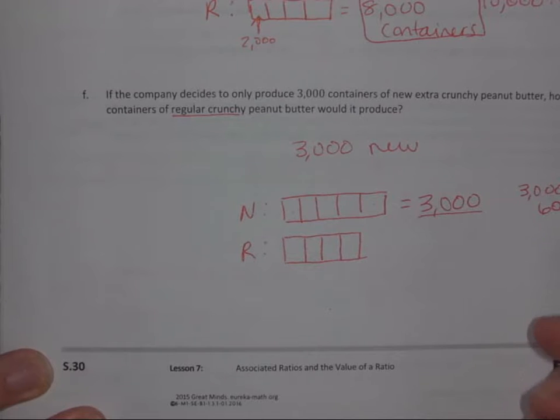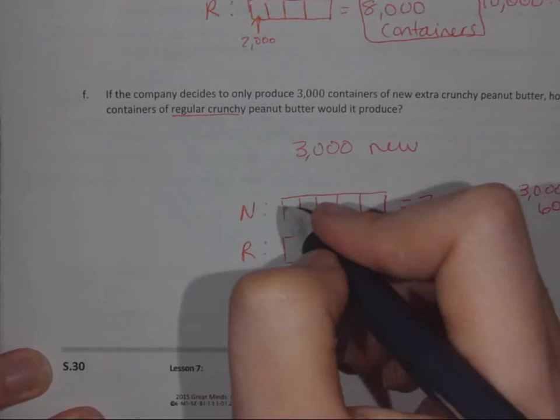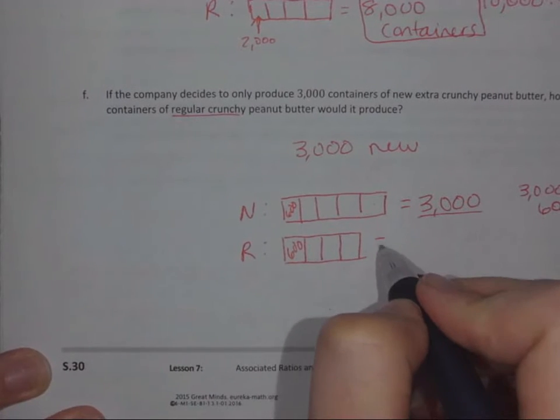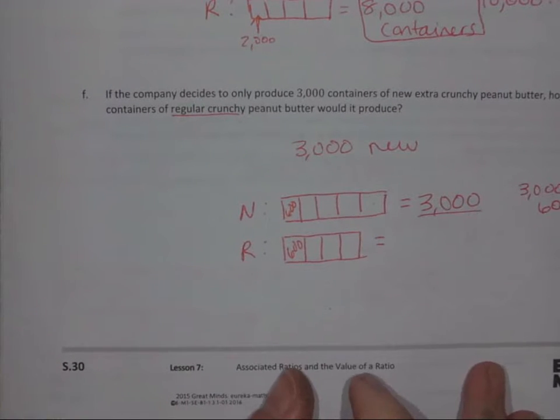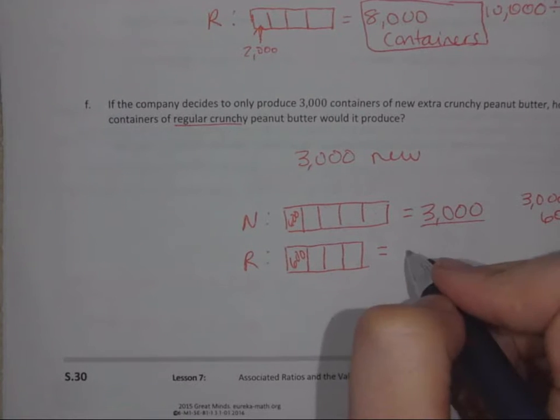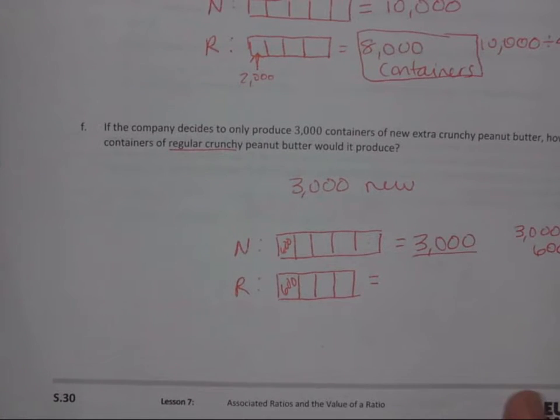So 3,000 divided by 5 is 600. So each unit is worth 600. Good. So how much regular peanut butter should they produce? How many containers, Julie? 2,400.